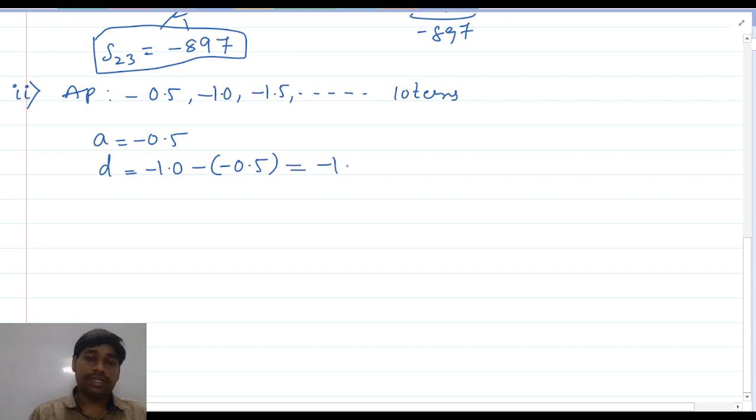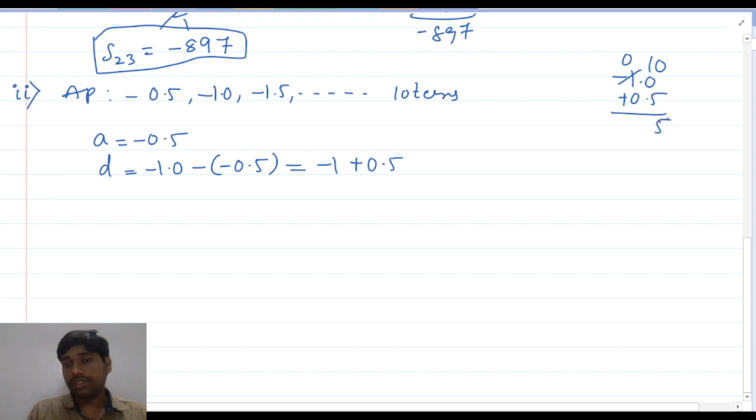Minus into minus gives plus 0.5, so minus 1.0 plus 0.5 gives minus 0.5, because the bigger number has a negative sign.